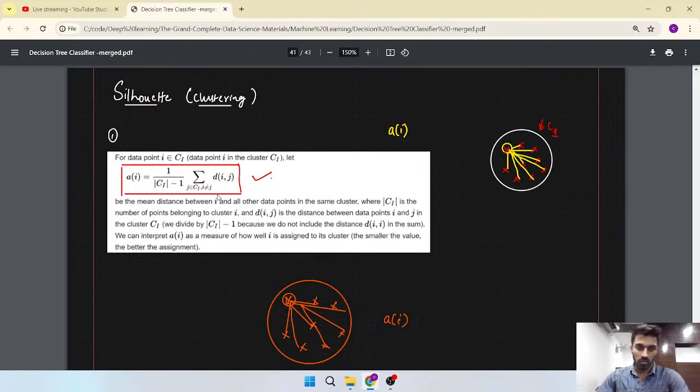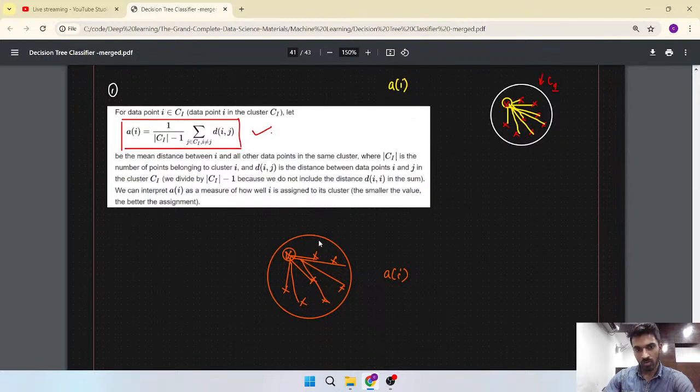Now the Silhouette score, what is the Silhouette score? Basically it's based on a distance d. You can apply any distance, Manhattan or Euclidean. d(i, j), where i is your centroid point and j are the other points.